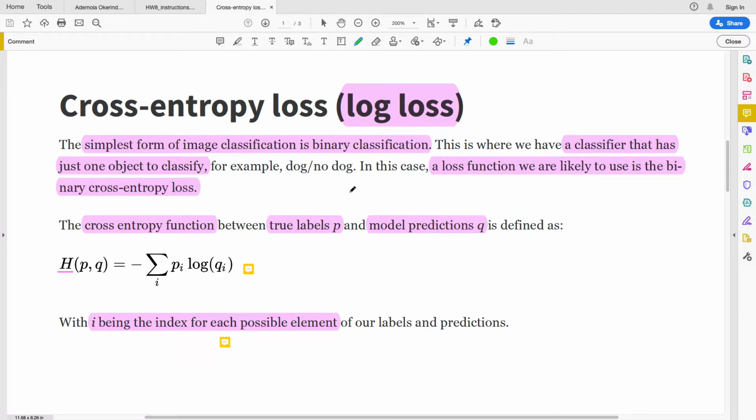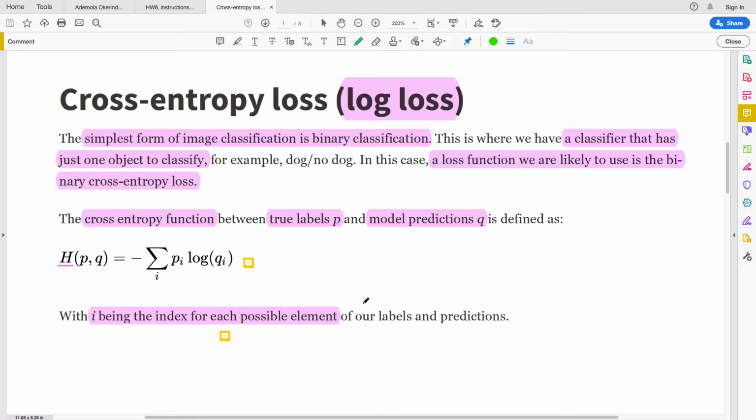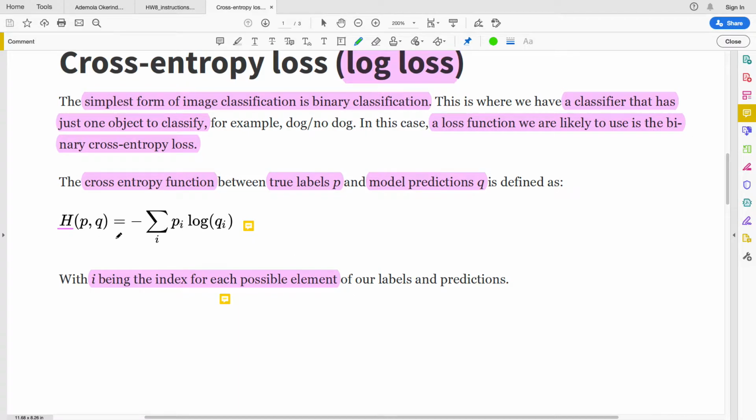For instance, if you take an image classification where you are predicting one object class, that is essentially a binary cross-entropy task. The general format of the function is that it takes in two variables, P and Q, where P is the true label and Q is the output of the model, which is the model prediction.